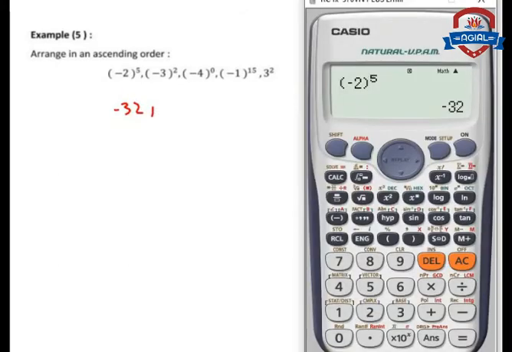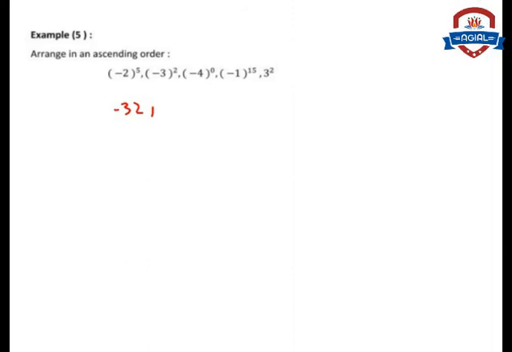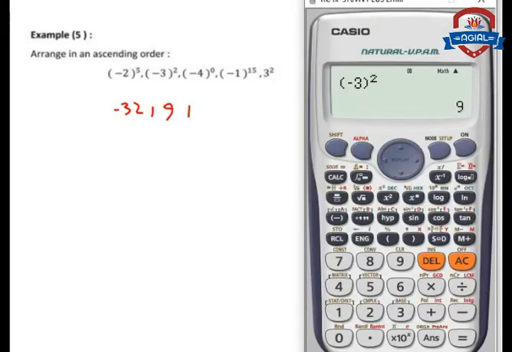And (-3) to the power of 2 equals 9. So we have 9. And (-4) to the power of 0 equals 1.